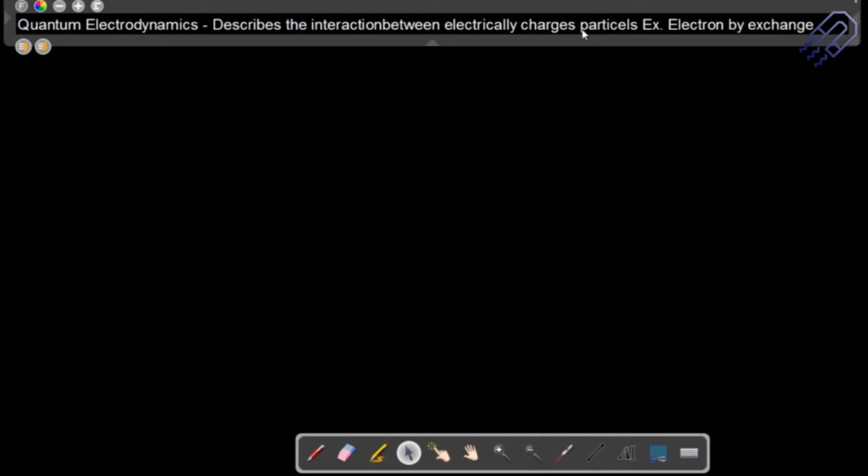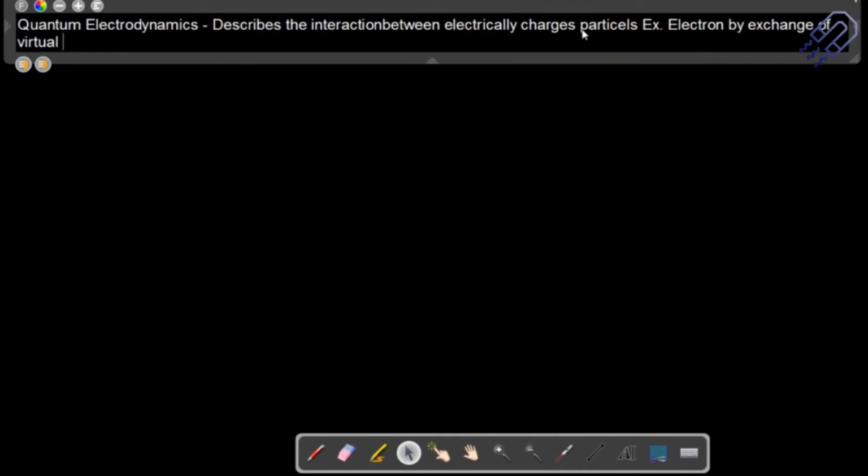How do they interact? By exchange of virtual particles, or virtual photons. So this is what quantum electrodynamics is all about.